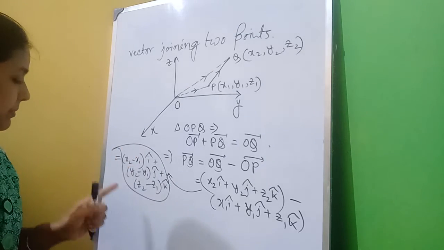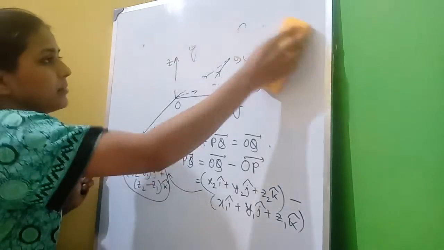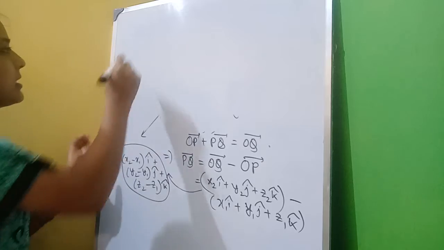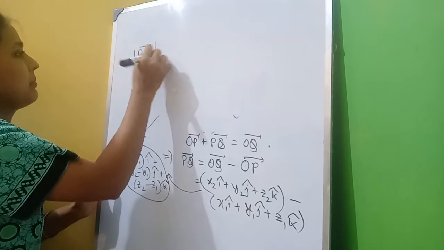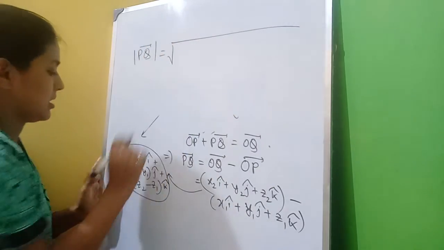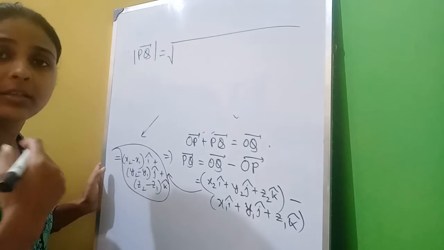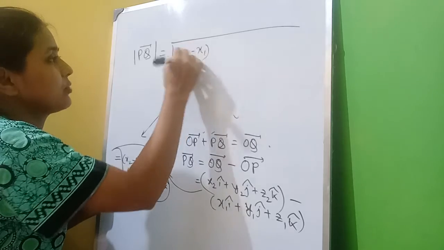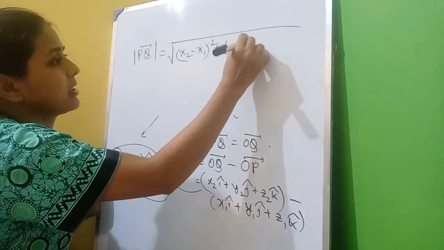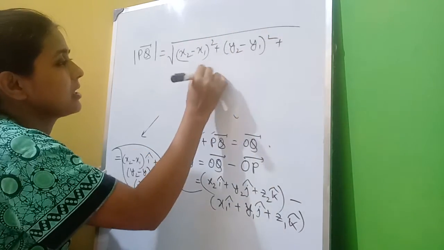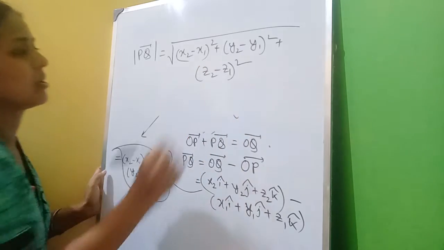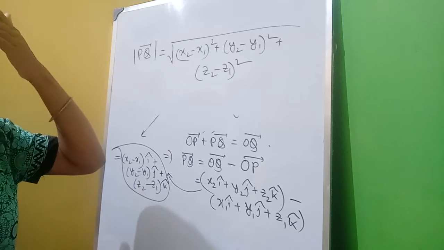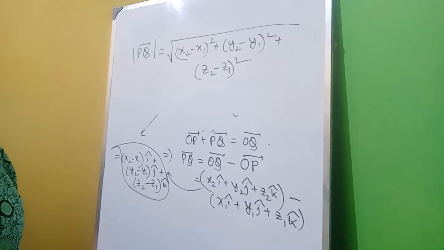You have to write it in one line. I didn't have space here, that's why I have written it like this. That means the magnitude of this vector PQ can be written as the square root of the sum of the squares of the scalar components: x2 minus x1 whole square plus y2 minus y1 whole square plus z2 minus z1 whole square.